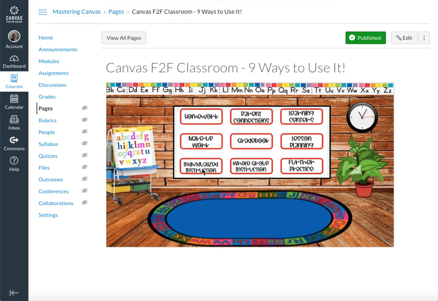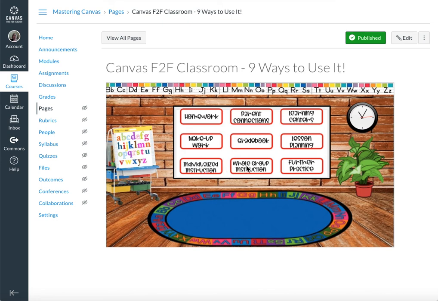All right, moving on. Individualized instruction. I really love this idea because you can set up a group in Canvas that can be a group of one. And that can be that one particular child's individualized instruction that you place there for them to access as they need it.